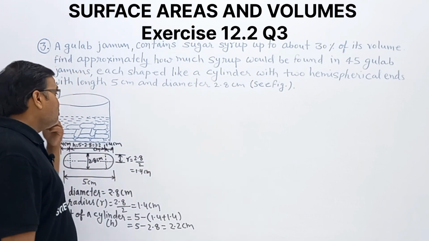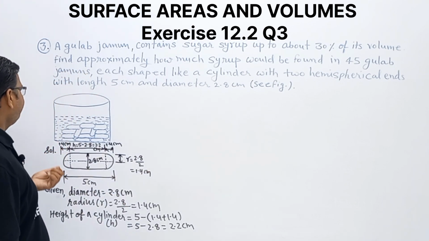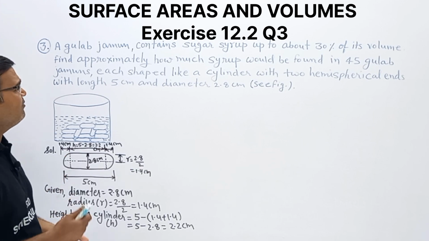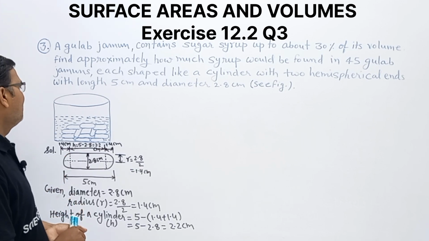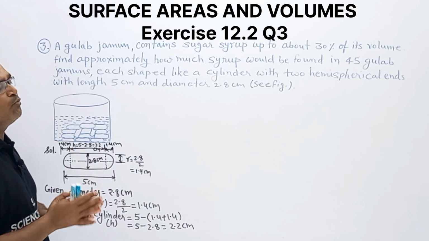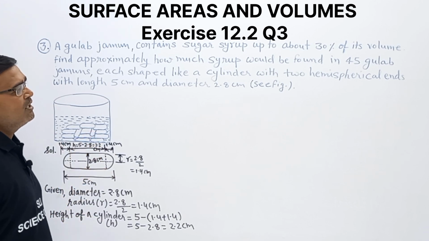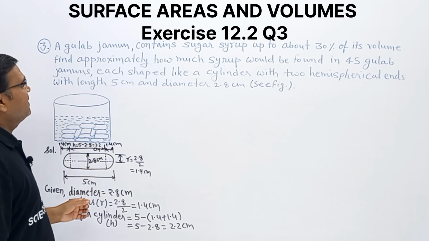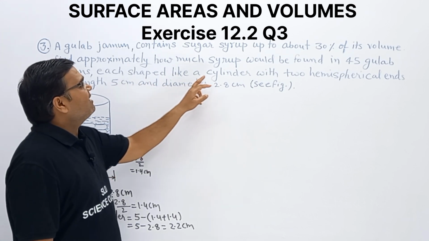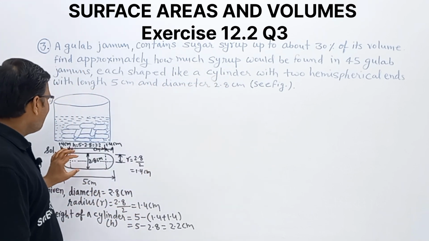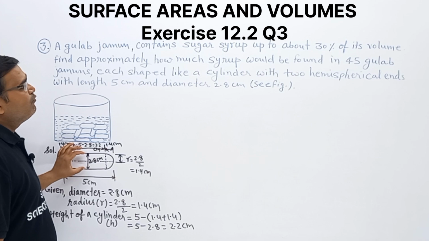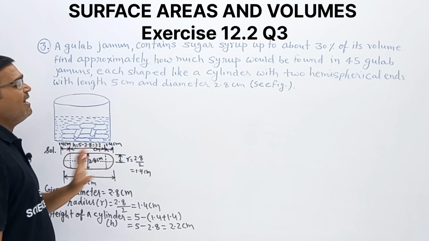See figure. Observe this question in which we have 45 gulab jamuns, and the shape of a gulab jamun is a cylinder with two hemispherical ends.